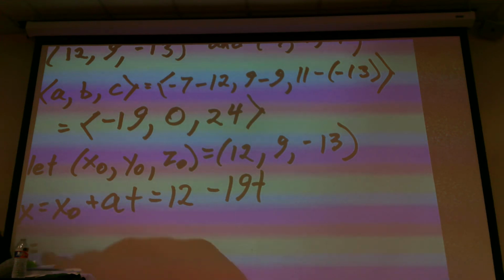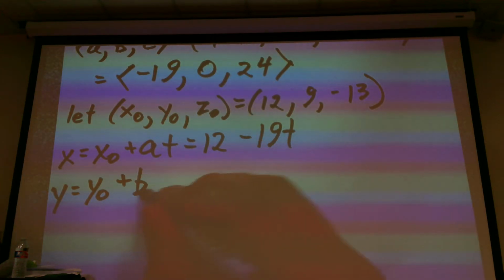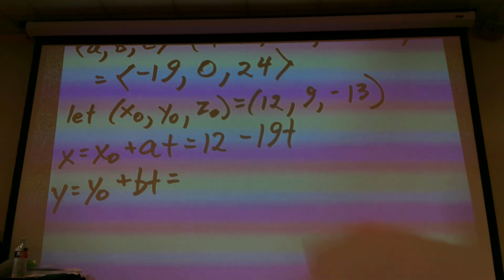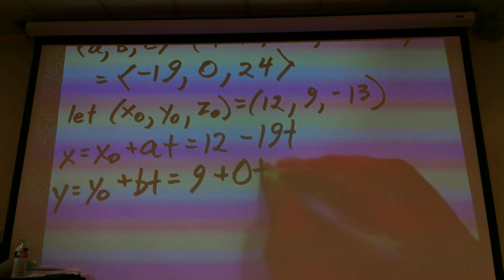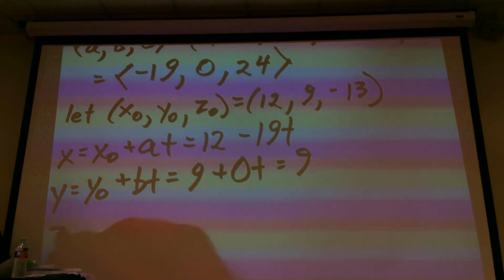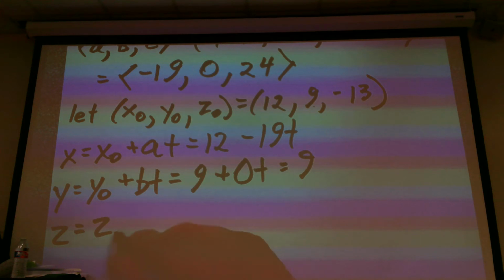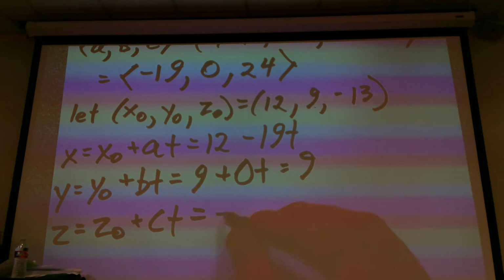Y, which is going to equal y naught plus dt. Okay, so where's my y naught? Right there. 9 plus, oh, well, e is 0. So it's just 9. Okay? And z, which equals z naught plus ct. Okay, there's my z naught right there. That's negative 13.